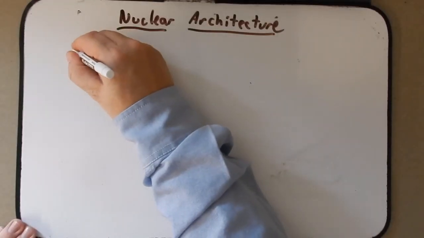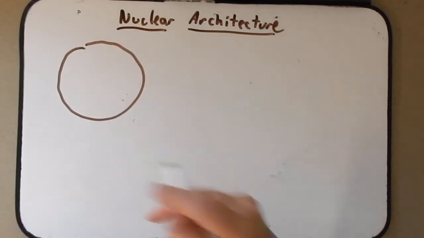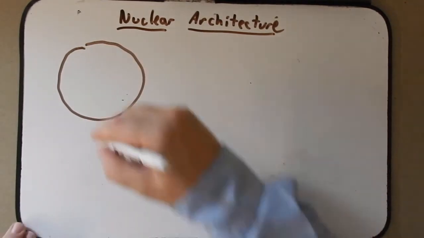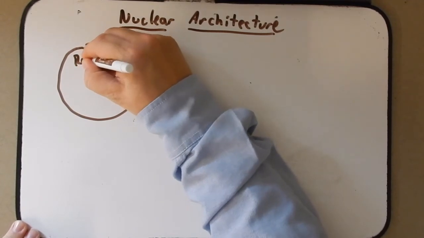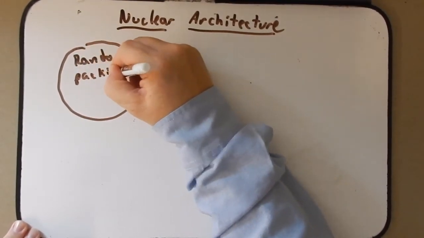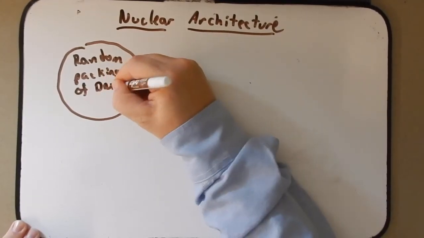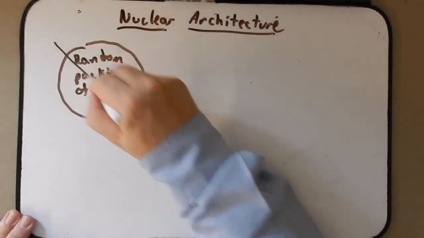We used to think that, if this were our nucleus here, the biggest problem was just getting all that DNA into the nucleus. And then once it was in there, it would kind of work its way out. So there's this random packing. It was efficiently packaged because you had to get a lot of DNA in there. But the goal wasn't to pack it into the nucleus in a usable way. What we've learned is that that's not true.